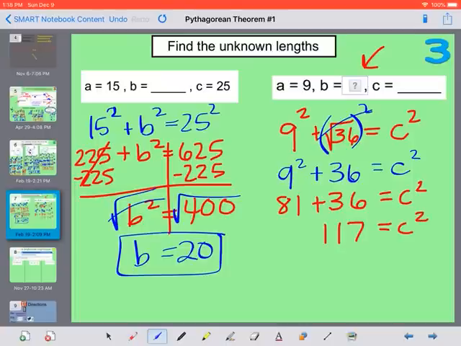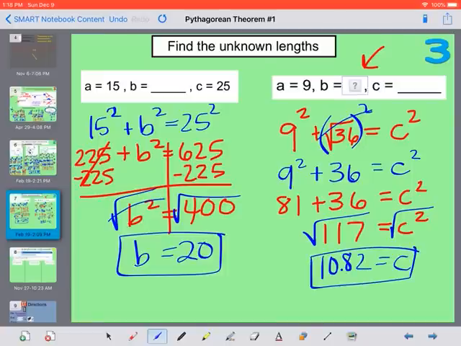I know this is not the right number. Square root of that will give us 10.82 if we round it. I believe whatever number was here would give you a nice whole number in the end.